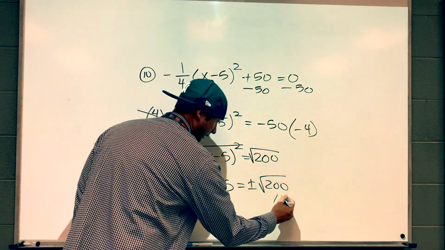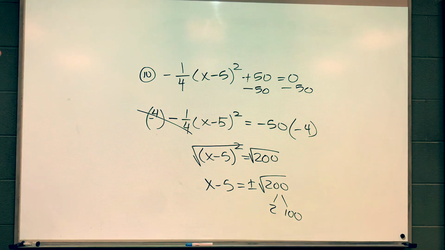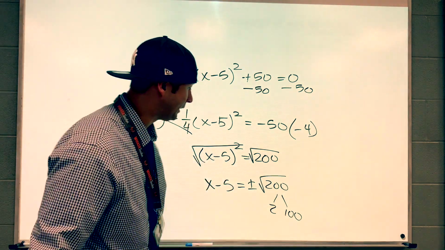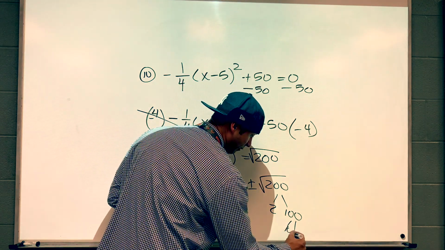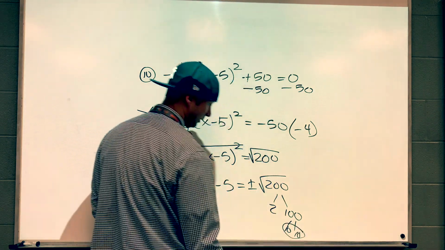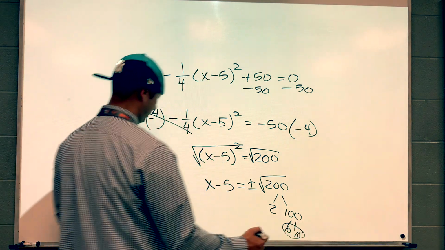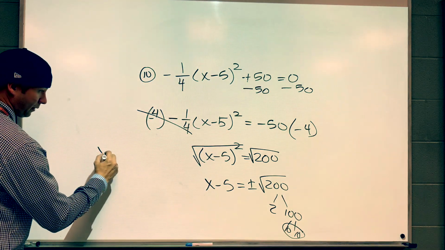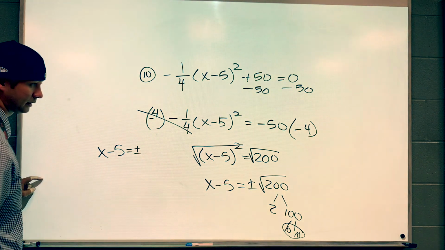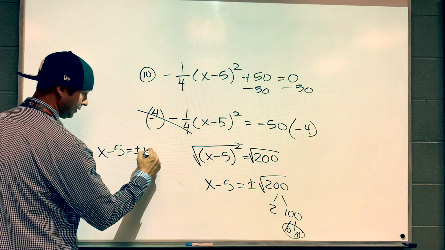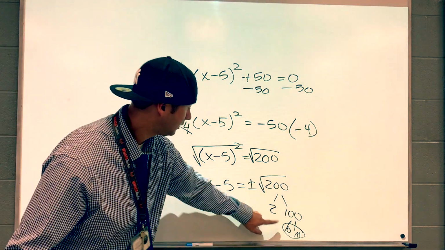Okay, this is really 2 times 100. 100 is a perfect square, so that's going to come out as a 10, right? 10 times 10, there's my pair. So x minus 5 is equal to plus or minus 10 root 2. Right, the 10 comes out, the 2 stays behind.